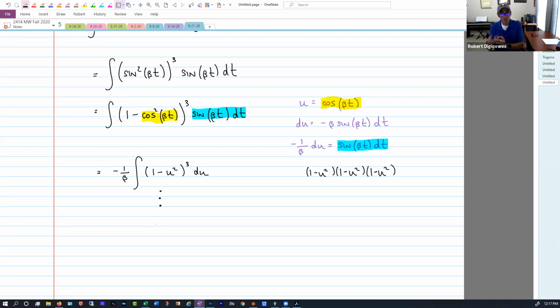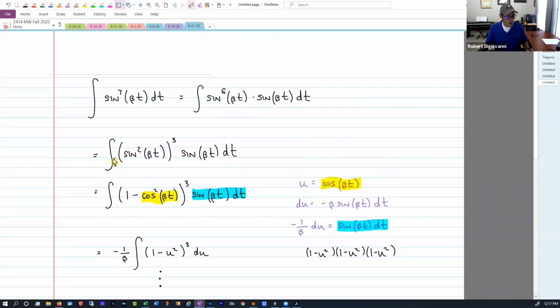And when we do those problems, we're going to get it to here and say dot, dot, dot. It's all going to build on itself. All right, does this seem okay so far? Sine to an odd power, we're in business. Okay, let's see what the next example is that I have here for us.